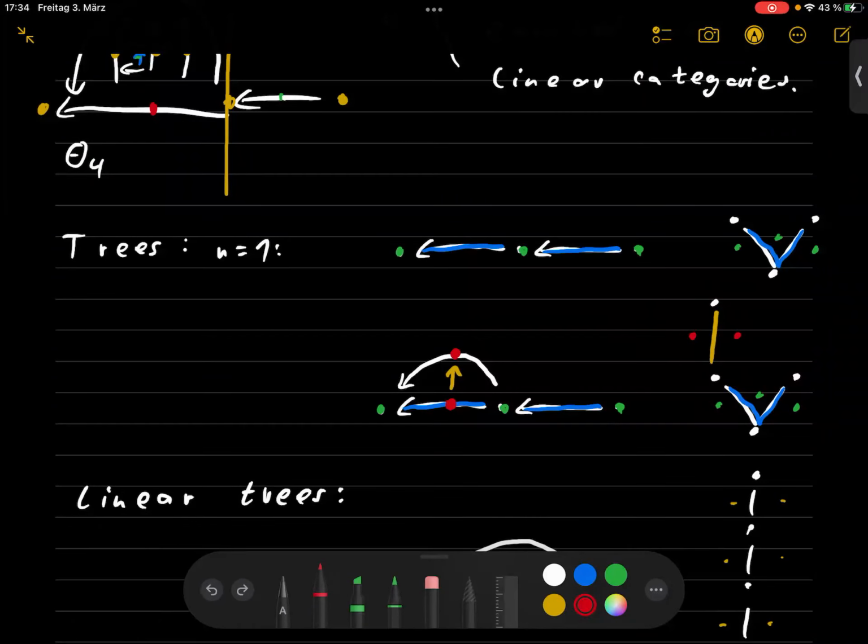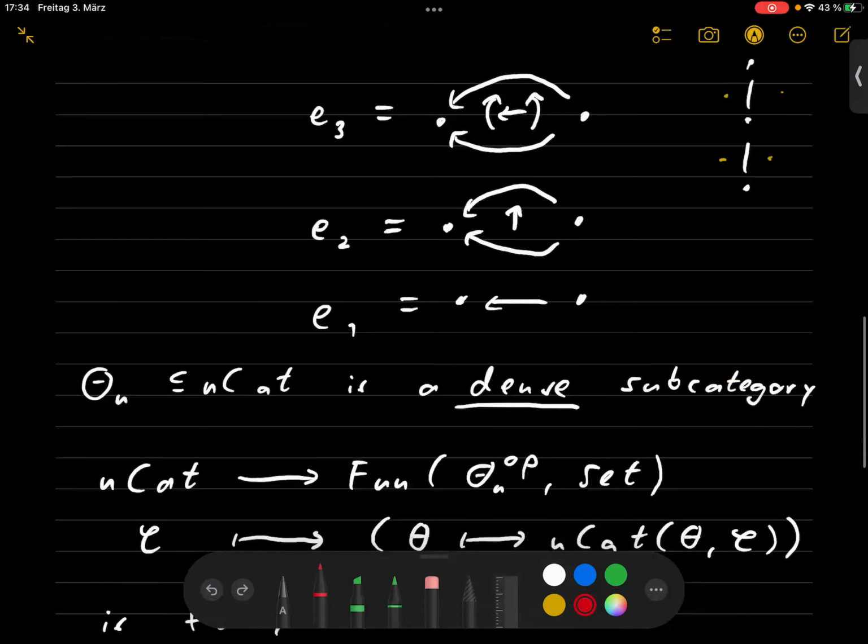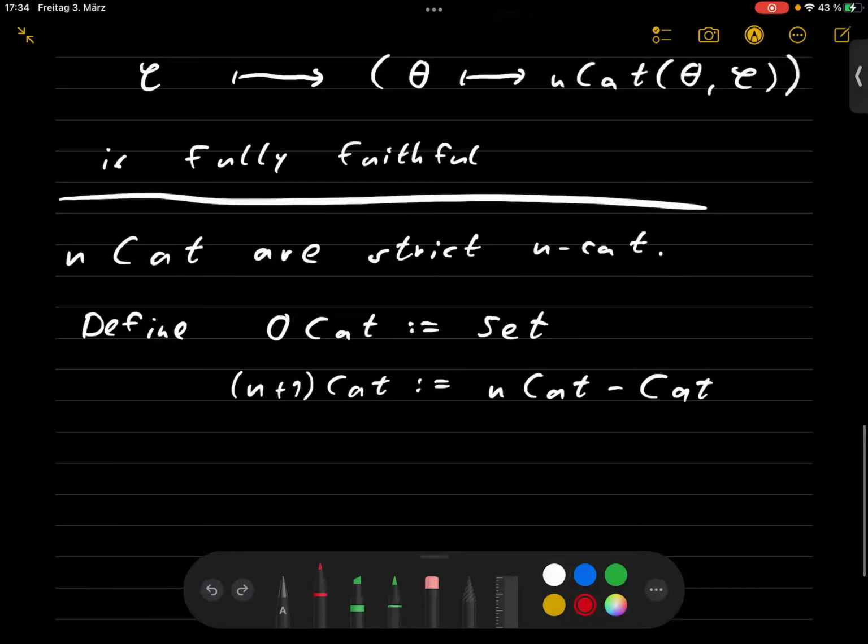For example, when you have the cell, you can obtain from there a composite cell between these compositions. For example, if we can compose the bottom arrows and this arrow, then there's also a cell in there which exists. And in this sense, there are the higher morphisms as well, and it's all strict.